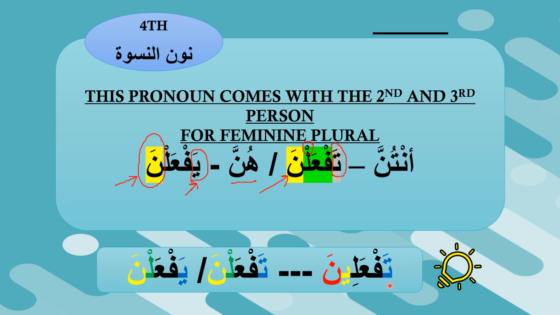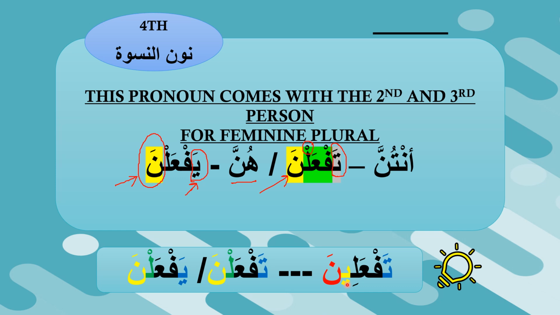An important thing to know here is how many do we have here? Taf'alina, the ya here, taf'alna and yaf'alna. So here you can see the feminine group of the pronouns. How many feminine pronouns do we have?